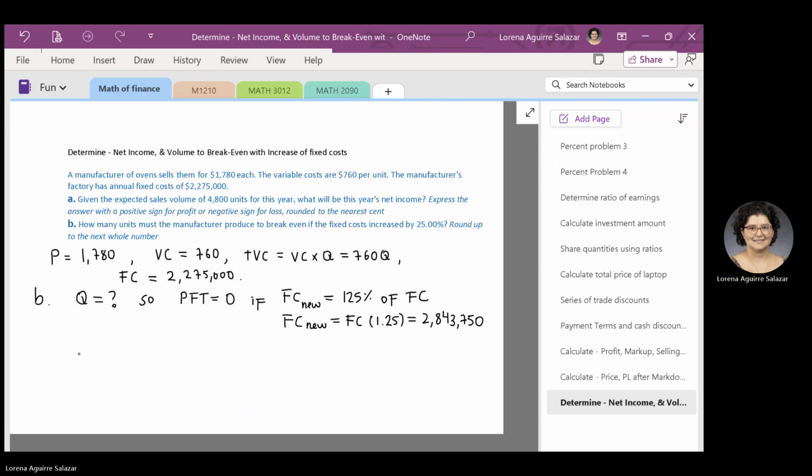Now, we need to make profit equal to 0. And profit is total revenue take away total costs. So we're trying to make total costs match the total revenue.